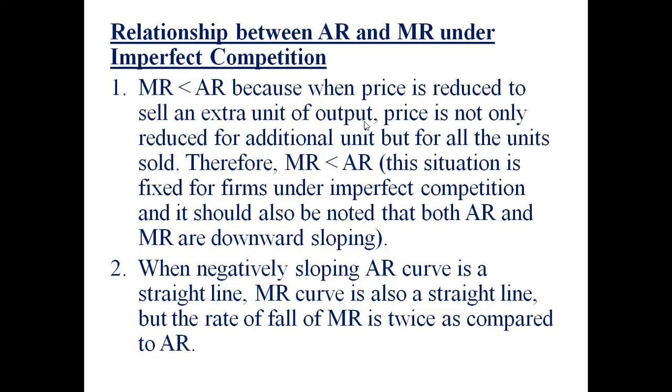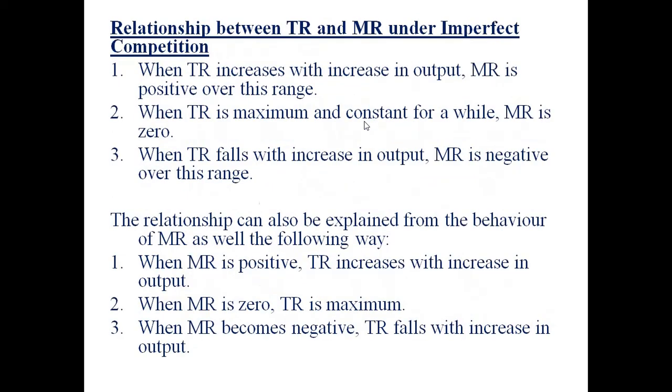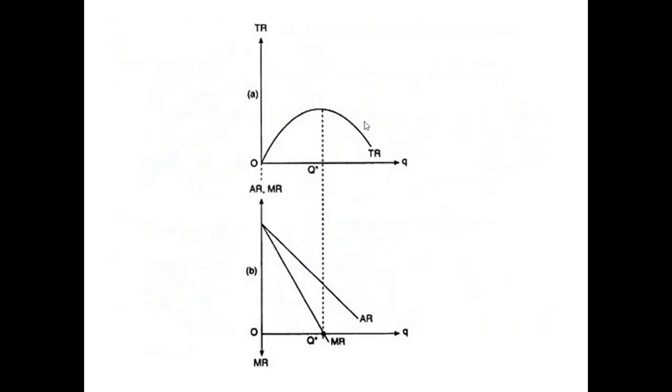The total revenue will be decreased. Therefore, MR is smaller than AR. So this situation is fixed for the firms under imperfect competition, and it should be noted that both AR and MR are downward sloping curves.